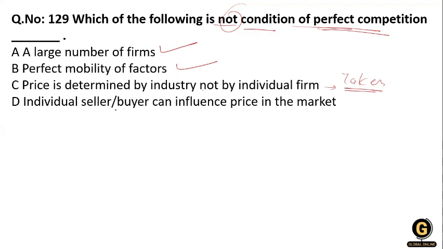An individual seller or buyer cannot influence the price, so option D is right. They are price takers, so how can they influence the market price?